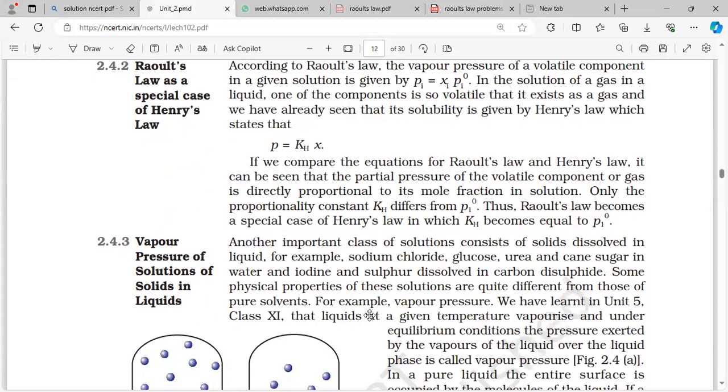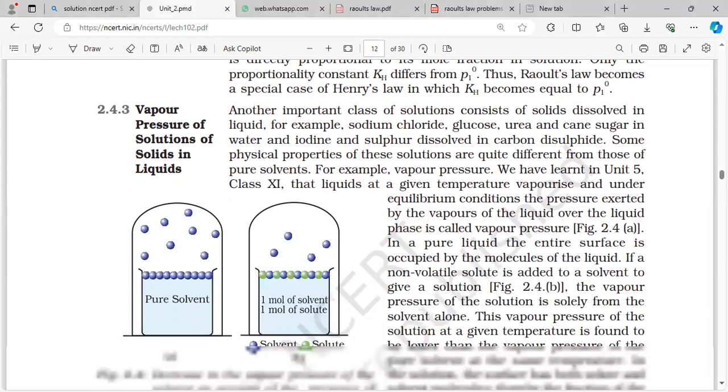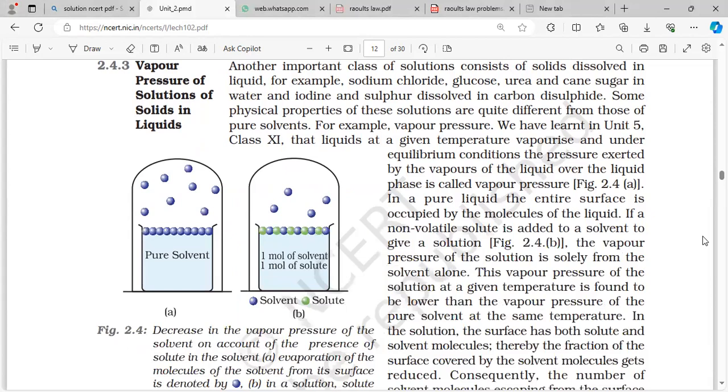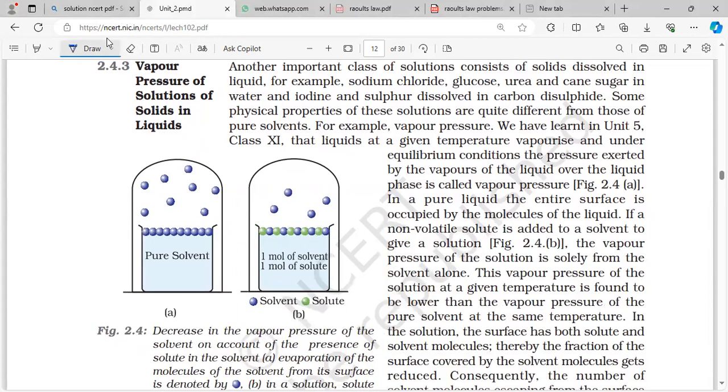Now here, vapor pressure of solution of solid in liquid. We are talking about solid in liquid. Some basic ideas you need to know.